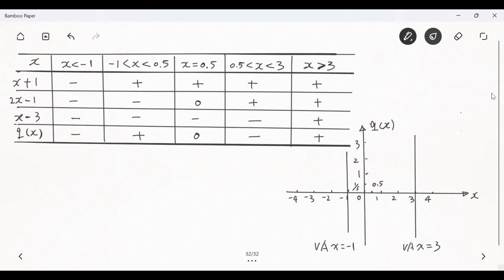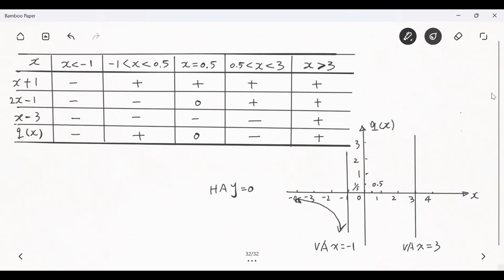And because the HA is y equals 0, at the left end the graph is close to the x-axis, and the right side is close to x equals negative 1, going negative. So the graph is sketched like that.